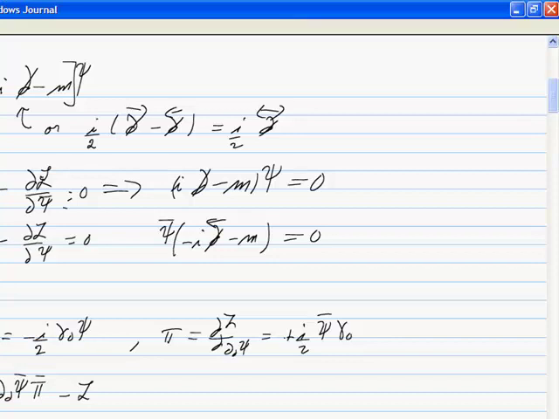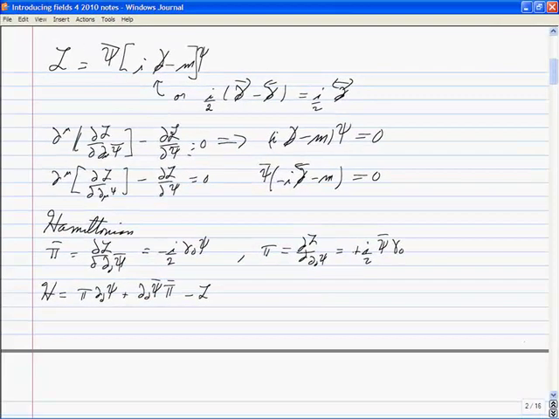Let's look at this piece here. The pi, which is psi bar gamma 0 times d0 psi, is just like the i over 2 piece d0 gamma 0 that sits right there. So the linear pieces cancel off. The time pieces cancel off there.